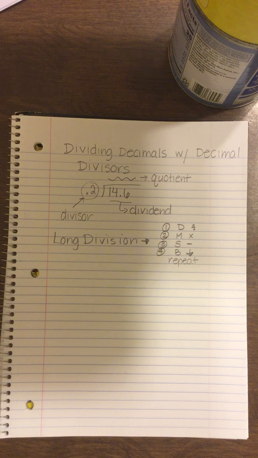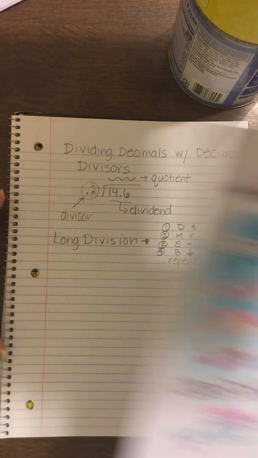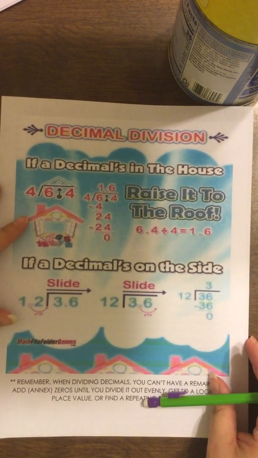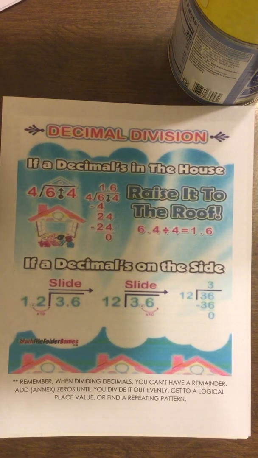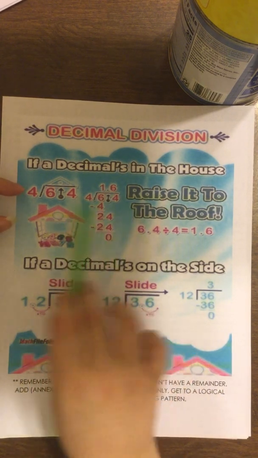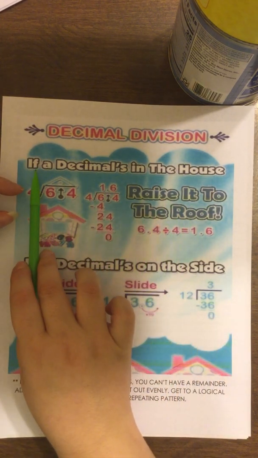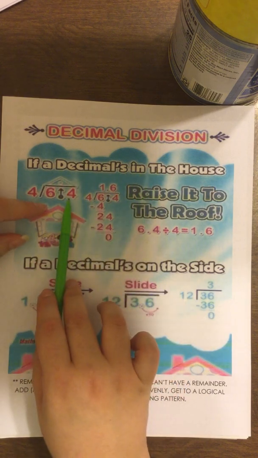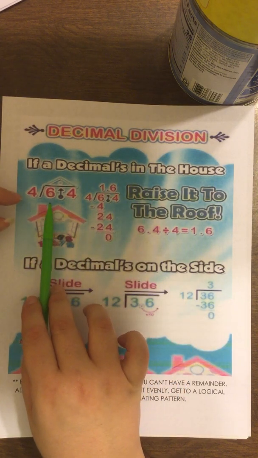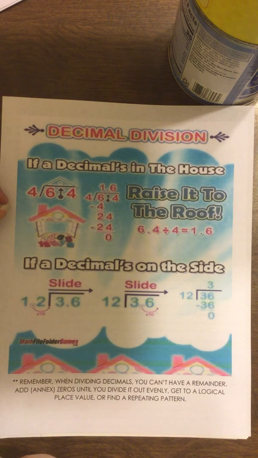All right, so let's talk about decimal division. I'm going to share with you an anchor chart, and I want you to pay attention to the bottom half of the anchor chart. So here's my anchor chart for decimal division. The top one goes over what we talked about yesterday. If there's a decimal in the house, meaning in the dividend, you raise the decimal to the roof.